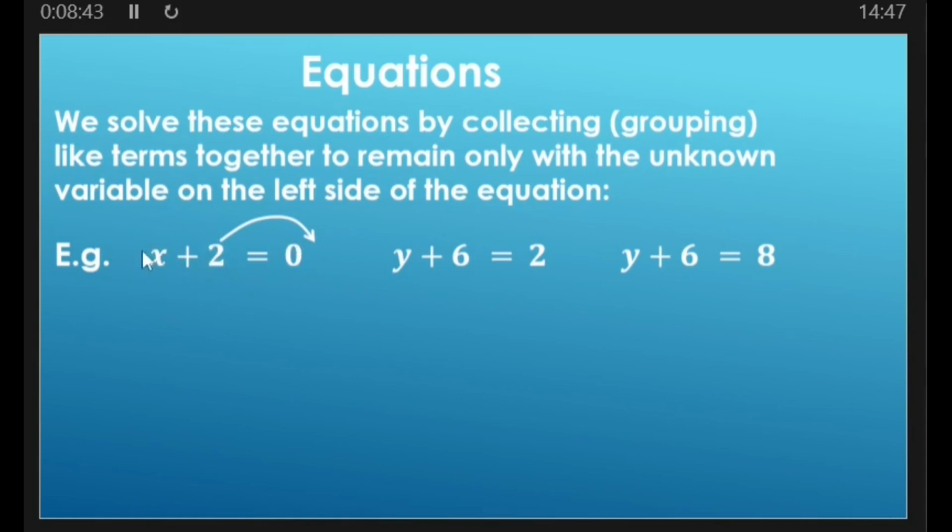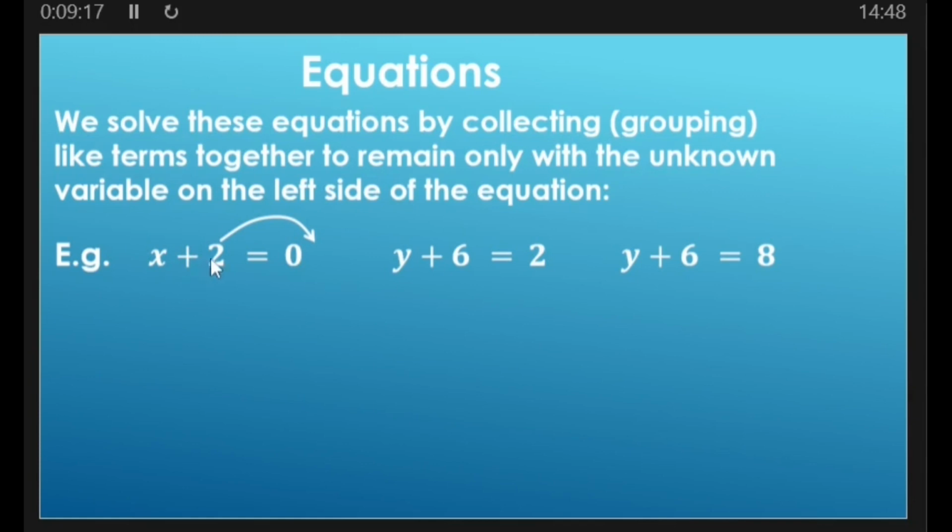So x and 2 are not like terms. x is a letter, 2 is a number, but here also we have 0, which is a number. So 2 and 0 are like terms. So by solving equations, we have to collect like terms together. Which means that these two can be collected to the other side to make sure that we remain with the unknown variable on the left side of the equation. So this side we just have to remain with x.